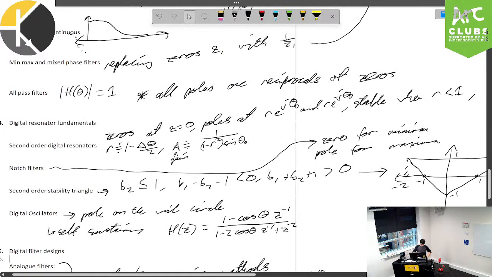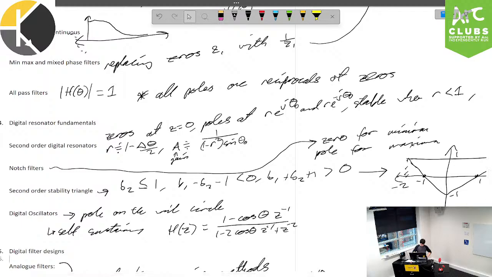second-order digital resonators are given by having their zeros at z equals 0, so the zero inducing minima is all around the circle.